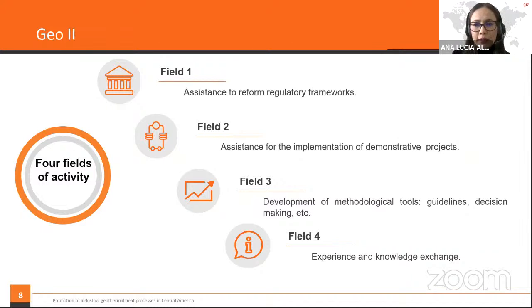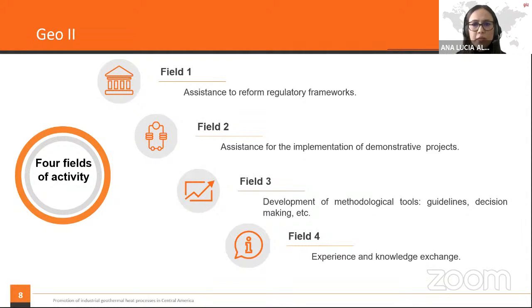One of them, and all of them are really important, but regulatory frameworks comes to be one of the big issues. And I think it's not only in Central America, I think it's a need in general to have clear rules with the energy ministries or the institutions that give the approval of the projects, to define the field of action.